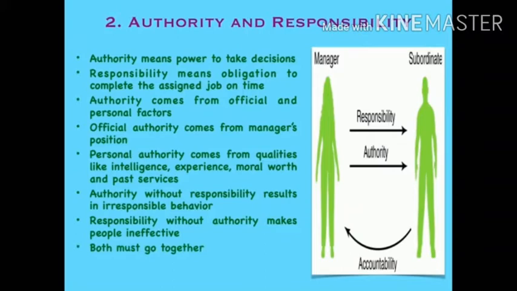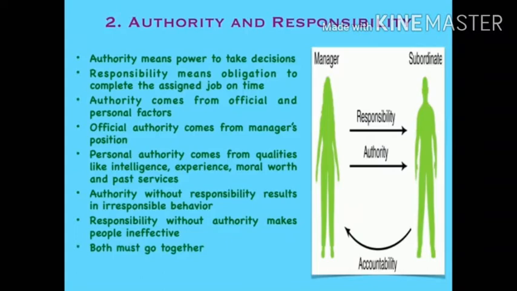According to Fayol, there must be a balance between authority and responsibility. Excess of authority without matching responsibility may result in misuse of authority, whereas excess responsibility without adequate authority may lead to failure of organizational goals.